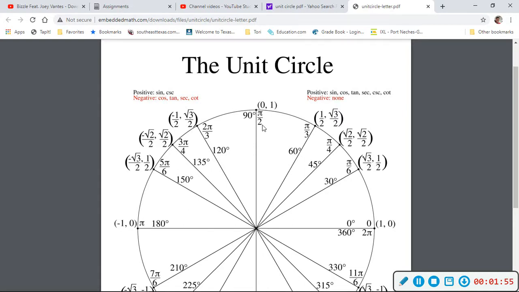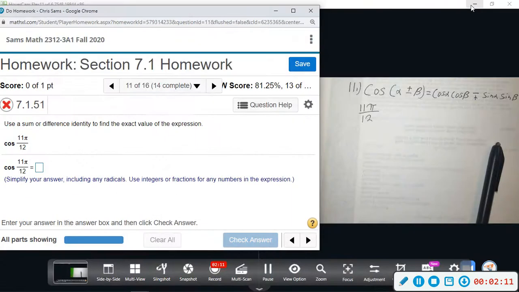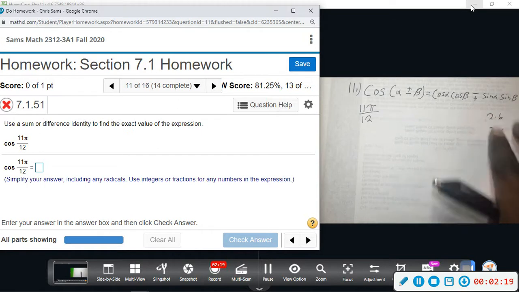So I can use a combination of a 2 and a 6 because 2 times 6 gives us 12, or I can use a combination of a 3 and a 4, and 3 times 4 equals 12. And every one of them has a pi on the top, so you're going to start in that area. So I'll use these pairs in combination.